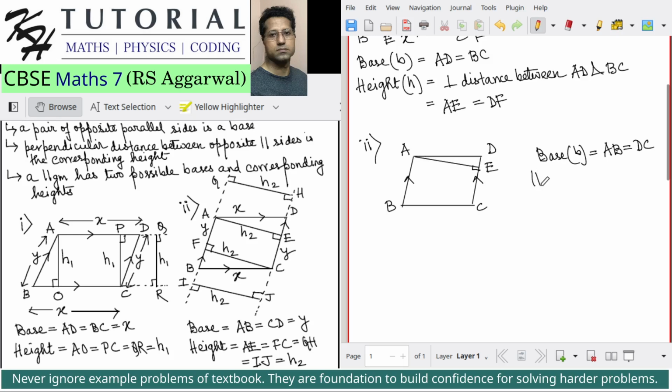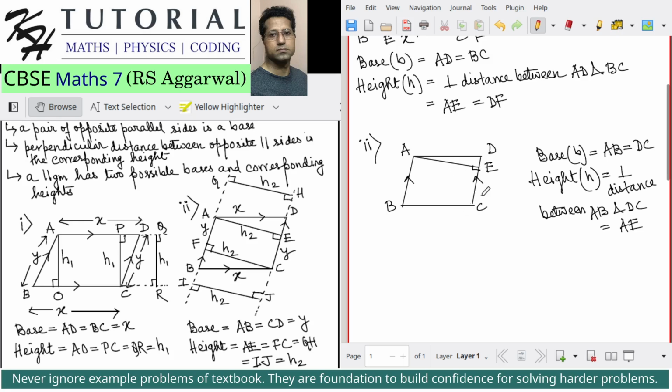So height H will be equal to the perpendicular distance between AB and DC, which as per the diagram is equal to AE, since AE is perpendicular to both the opposite parallel sides AB and DC.